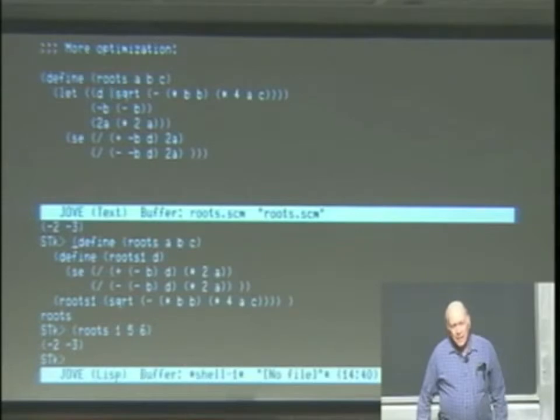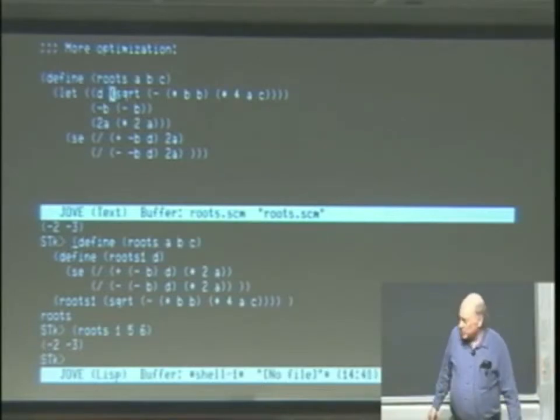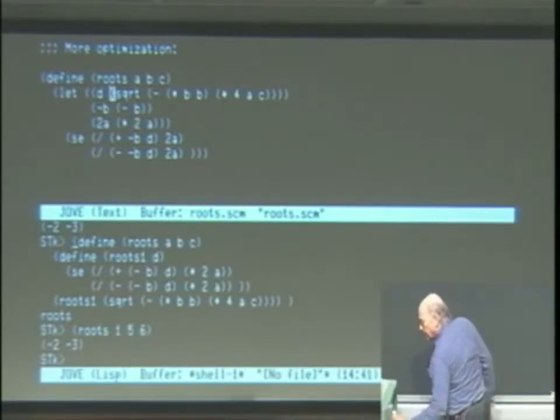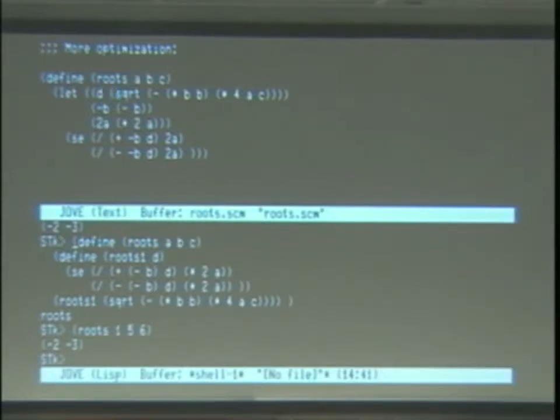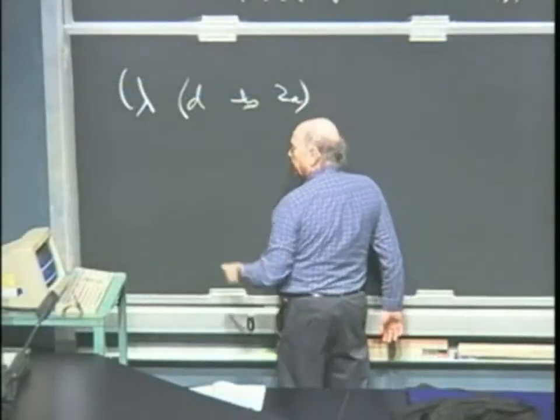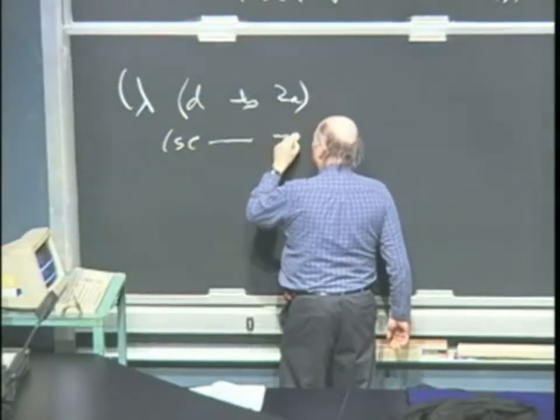But all let is, absolutely all that let is, is a rearrangement of a lambda to create a procedure. So this would be lambda of d minus b and 2a, and then sentence blah, blah.